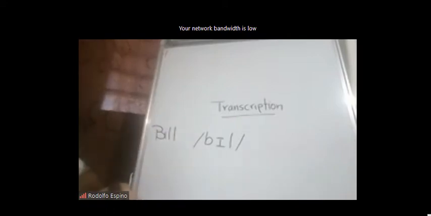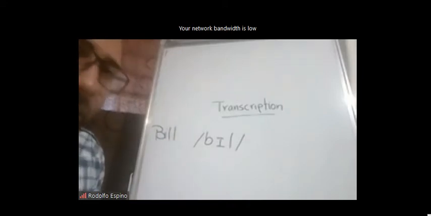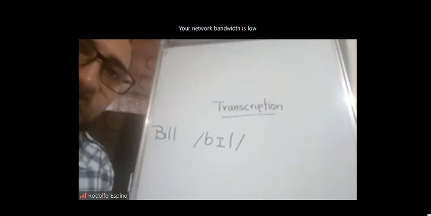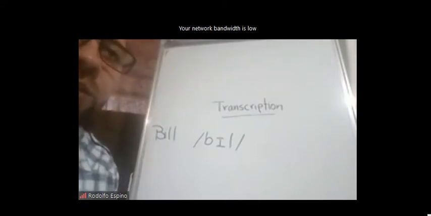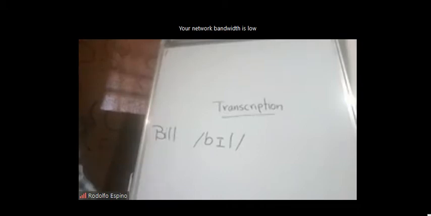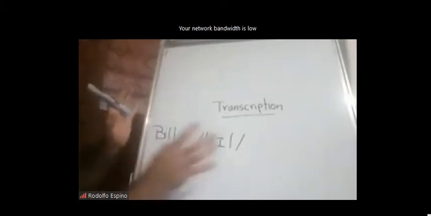Another thing that you should take into account when transcribing is that you will only include the sounds that you hear. It doesn't matter how many letters are in the spelling. You should not include the letters in spelling. You should just pay attention to the pronunciation. That's what we are transcribing here.